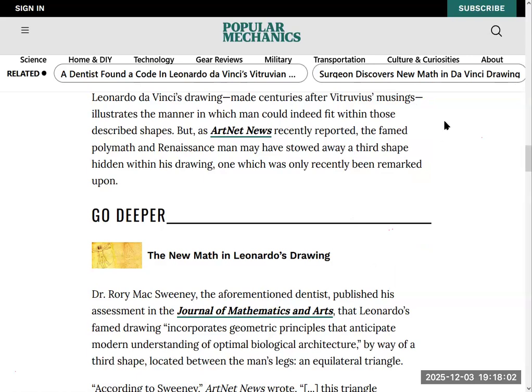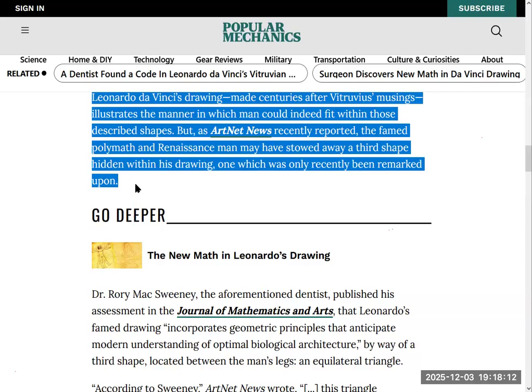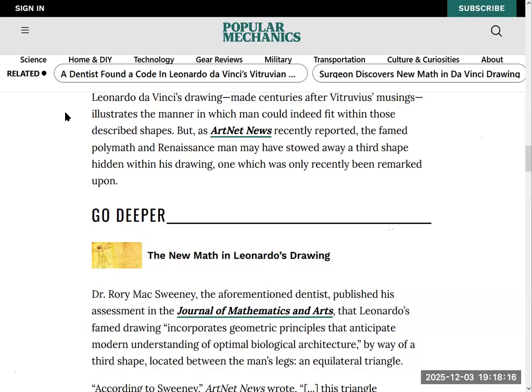The sentences are pretty straightforward. Okay, let me read it to you, then I'll ask you a couple of questions, please. Leonardo da Vinci's drawing, made centuries after Vitruvius's musings, illustrates the manner in which man could indeed fit within those described shapes.